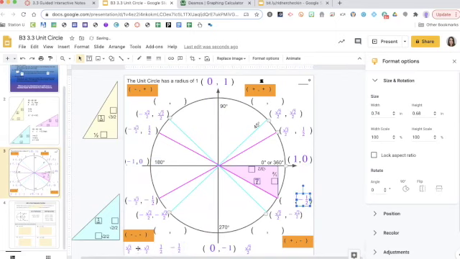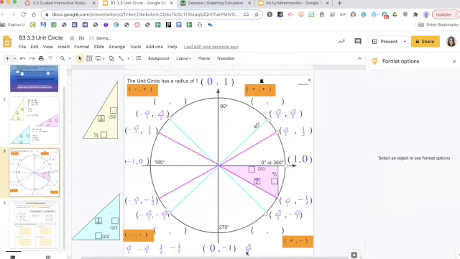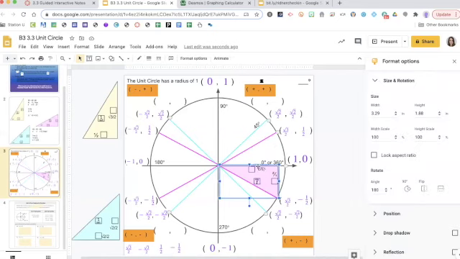The y value is negative 1/2 here, but it's positive square root of 3 over 2. So if you see Sean comment, he says, can't you just copy the lines and flip them? Yes, absolutely. I was just doing it this way so that you can see the triangles where we're getting those lines from. And it's from the 30, 60, 90 triangle.